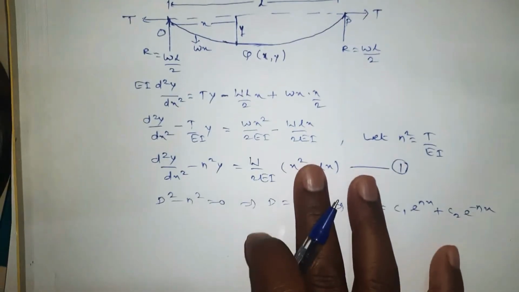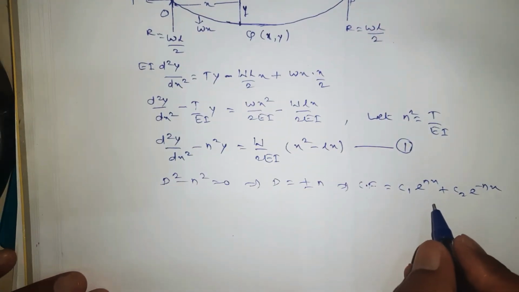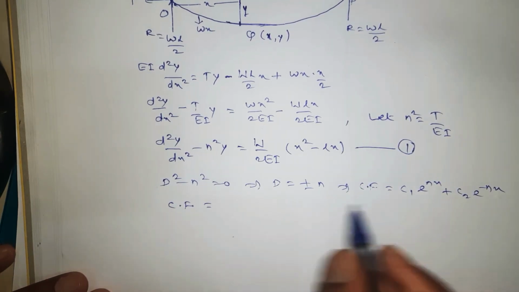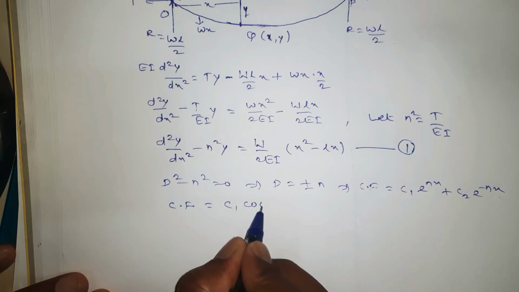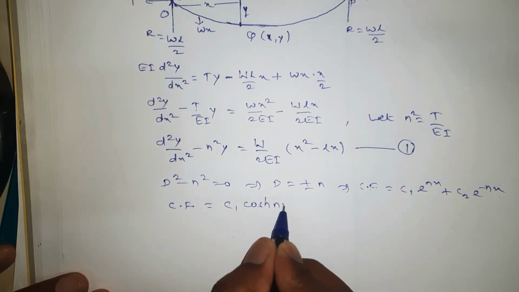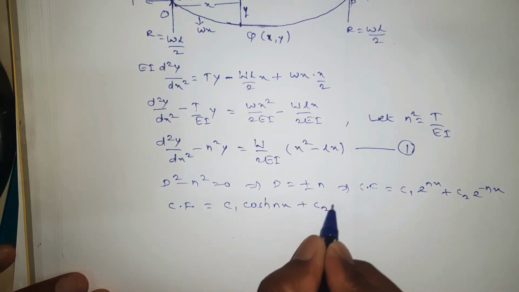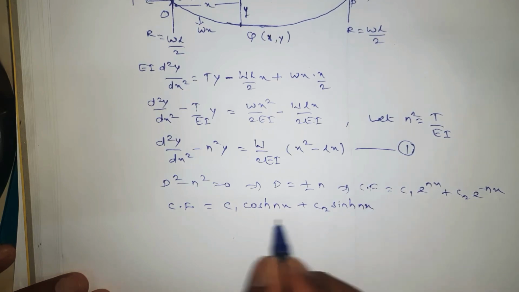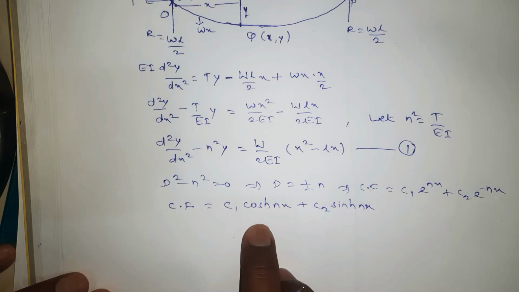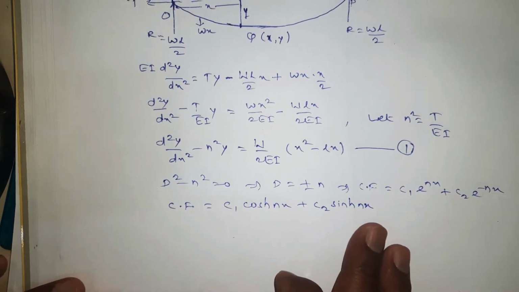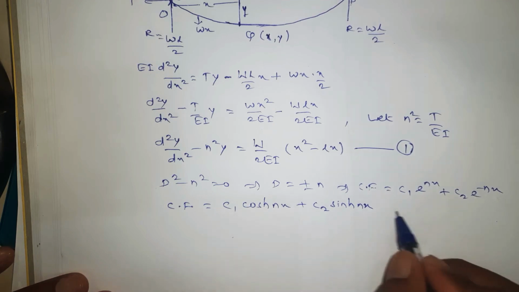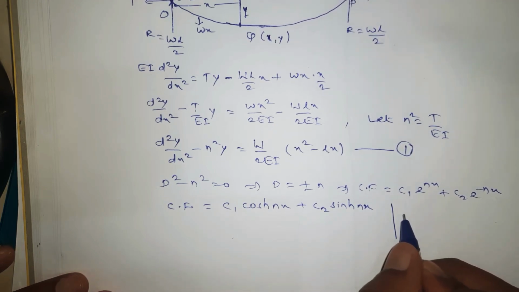For that purpose, we write this equation in terms of cosh and sinh. So this solution can be written as c1 cosh nx plus c2 sinh nx. We can write this solution in terms of sine and cosine hyperbolic functions. You can do it by simply using the definition of cosh nx. Here I will show you.